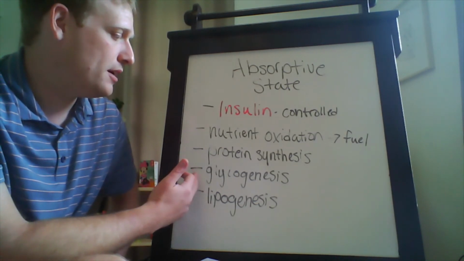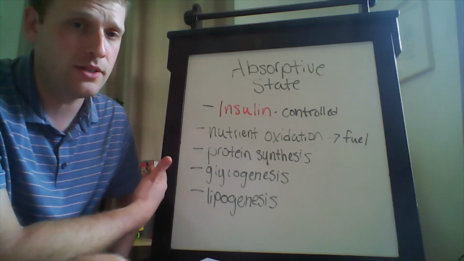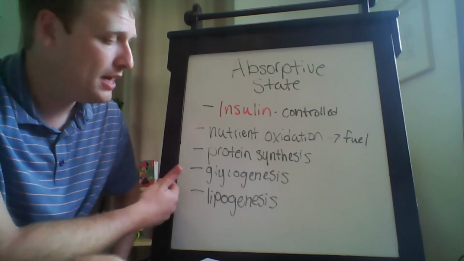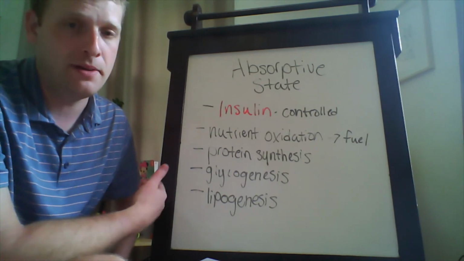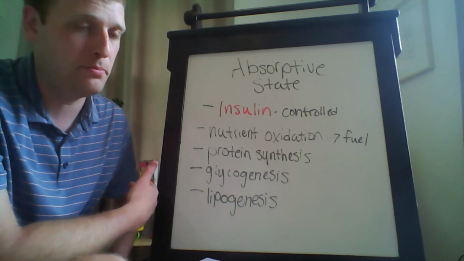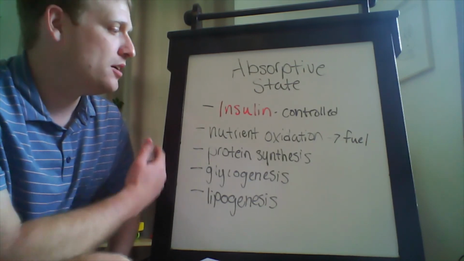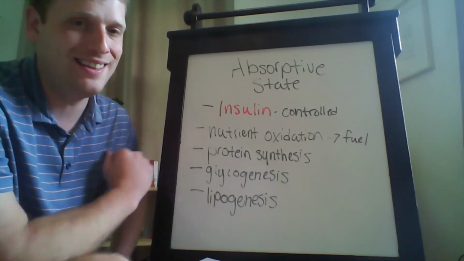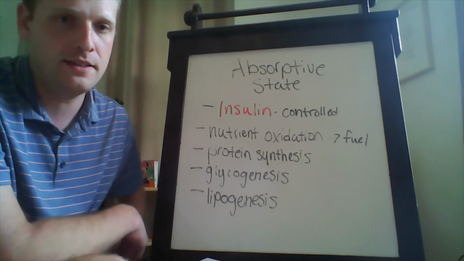You're going to be going through glycogenesis, taking excess glucose and making glycogen out of it, and using other excess nutrients to produce new lipids through lipogenesis, or to make new triglycerides for energy storage. So these are going to be mostly your synthesis reactions that are favored during the absorptive state.